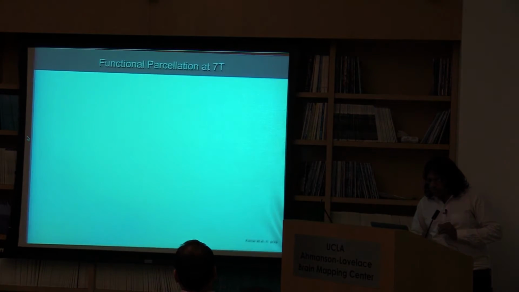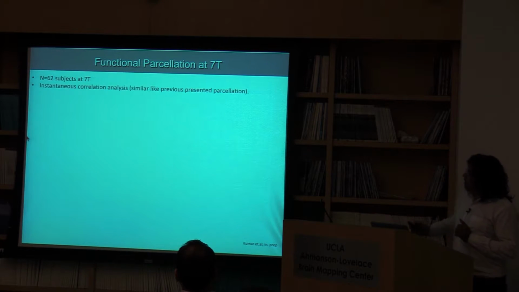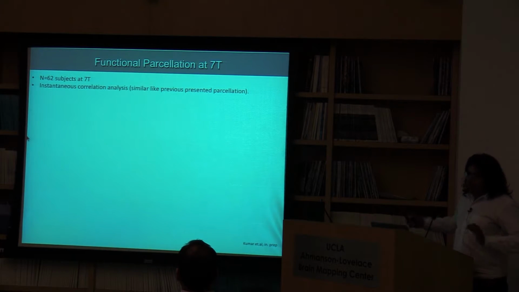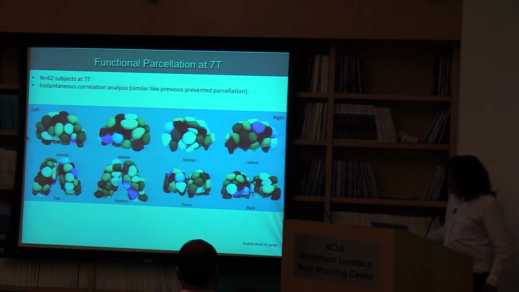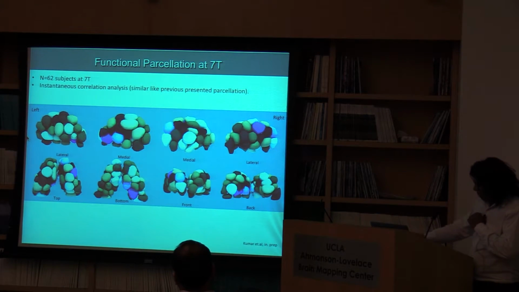We looked at this at 7T, with data obtained from the Human Connectome Project in 62 subjects, and we performed exactly the same parcellation which I showed you in my previous study. And the results are shown here for the left thalamus in lateral and medial views, and the right thalamus medial and lateral, and these are combined views: superior, inferior, anterior and posterior.